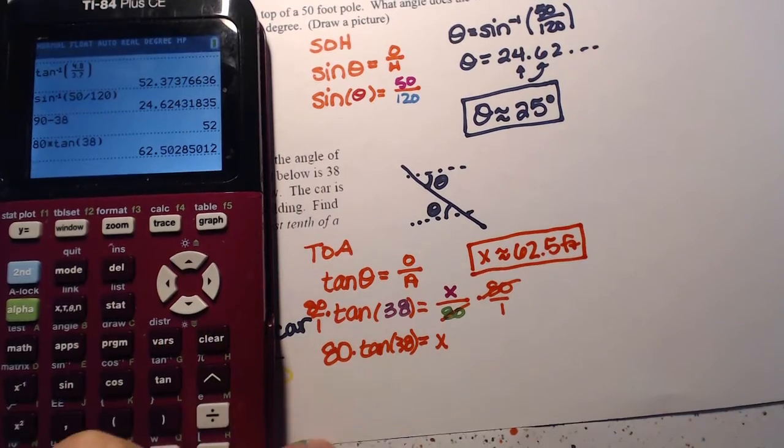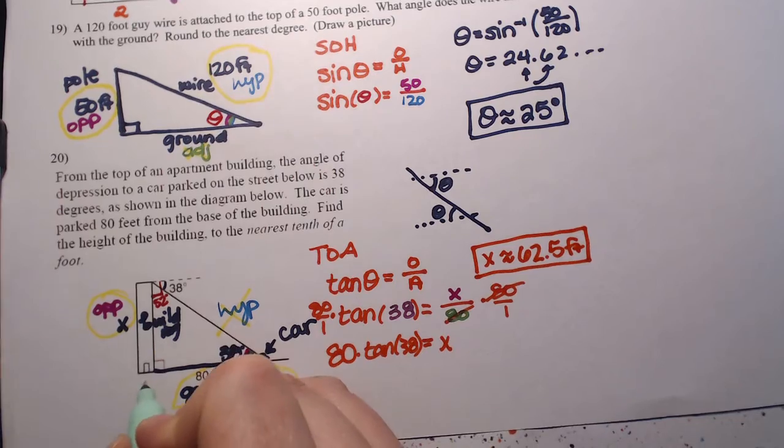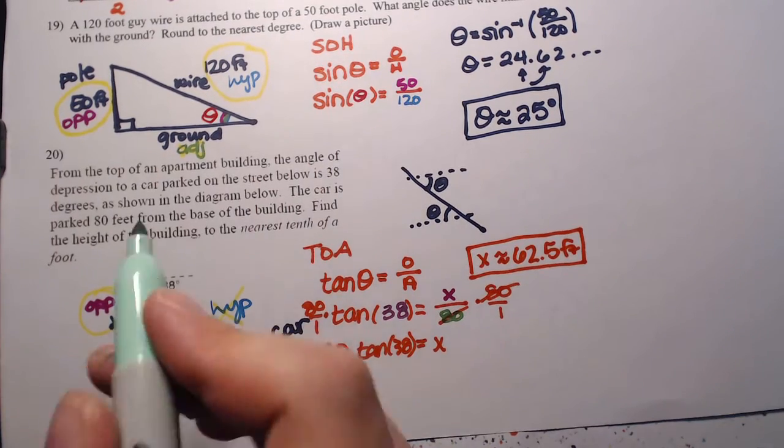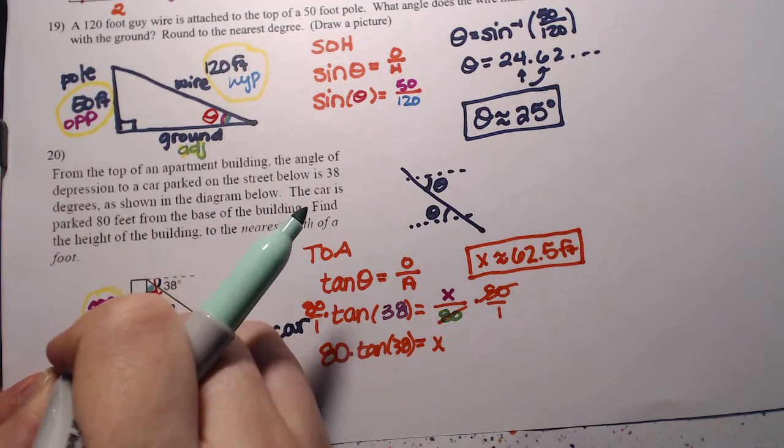Real fast, if you were to look at that other angle, you find different colors. Okay. If I were to look at the other angle, the 52, this would be the opposite side, and this would be the adjacent side.